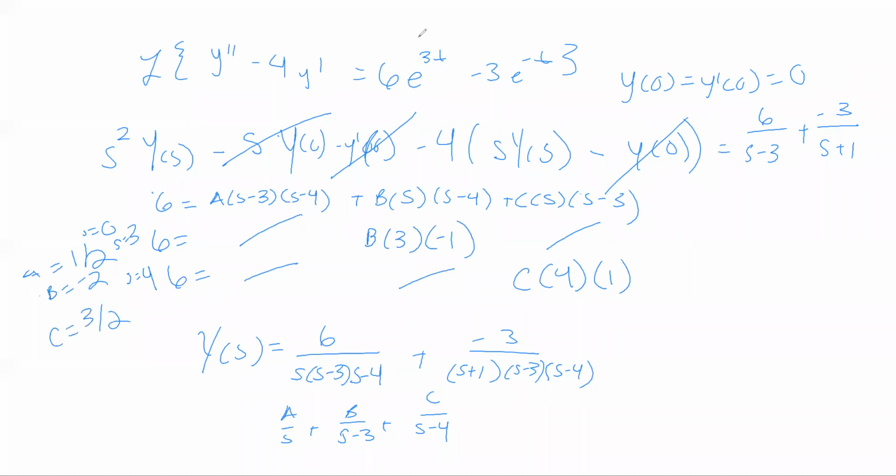And then I can do that. (1/2), -2, 3/2, and now I need to consider the other one, which since I've already found my A, B, and C, I'm just going to go ahead and do this. A of S plus 1 plus B of S minus 3 plus C of S minus 4.